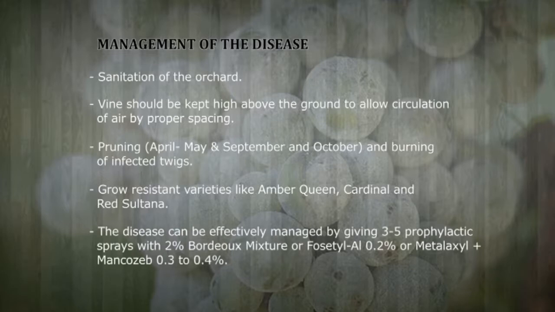The disease can be effectively managed by giving 3 to 5 prophylactic sprays with 2% Bordeaux mixture or fosetyl aluminium at 0.2% or a combination of metalaxyl and mancozeb at 0.3 to 0.4%.